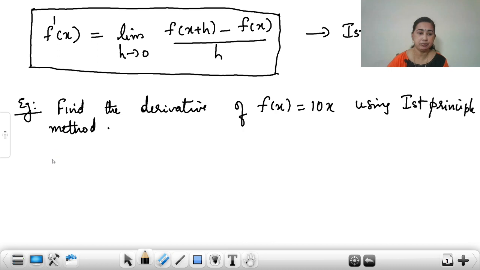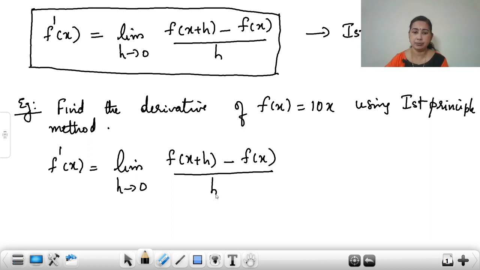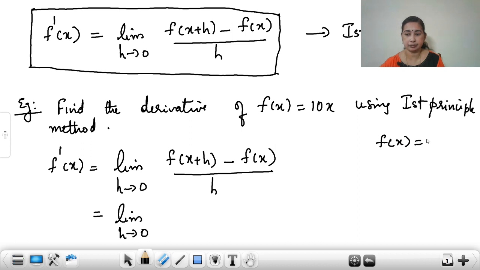So how do you find it? f dash x equals limit h tends to 0, f of x plus h minus f of x, divided by h. That is the formula to find the derivative using the first principle method. f of x is given as 10x.